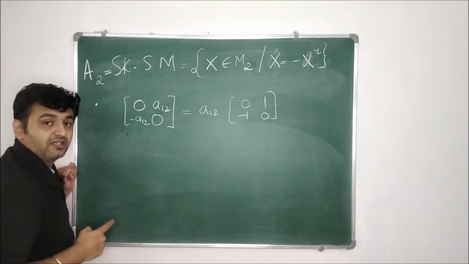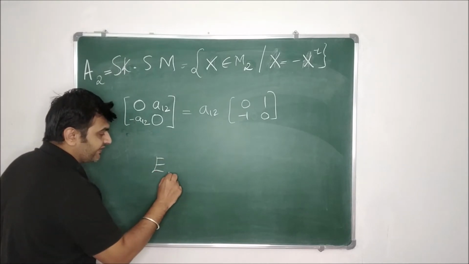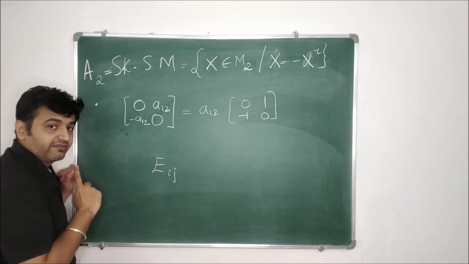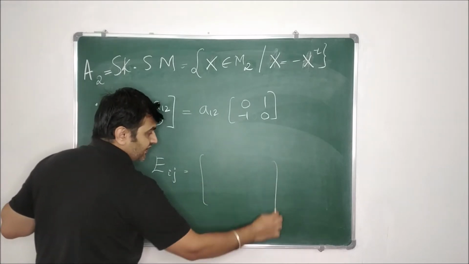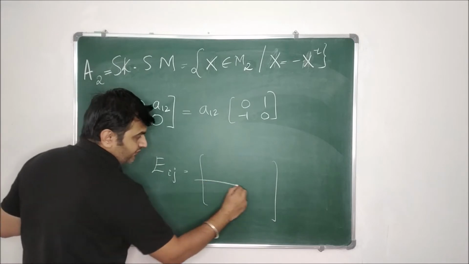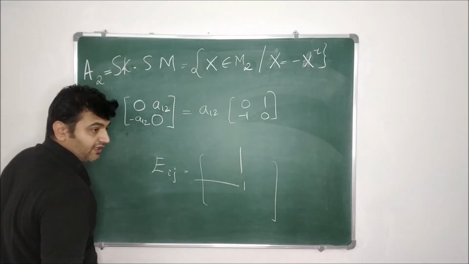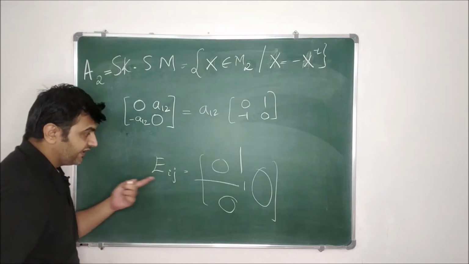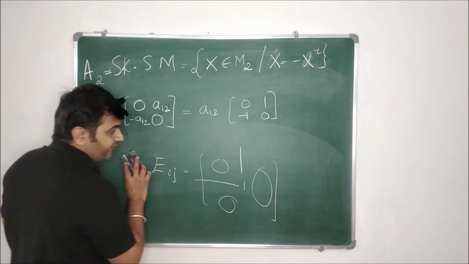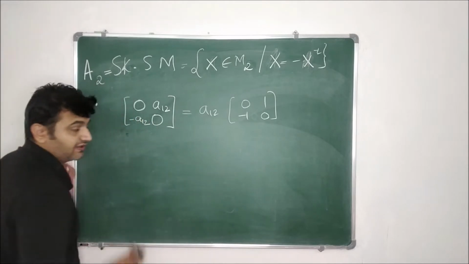Again, if you recall elementary matrices, which we used in our previous lecture for symmetric matrices: what is an elementary matrix? In the ith row and jth column you have the entry 1, and everywhere else the entries are 0.